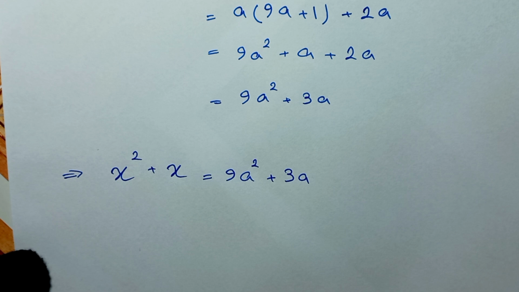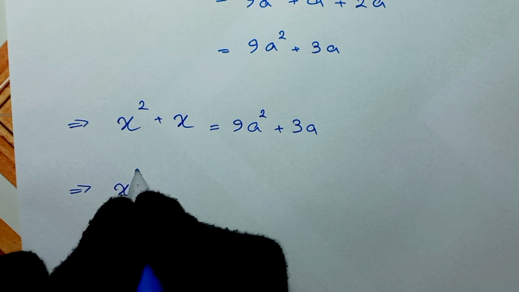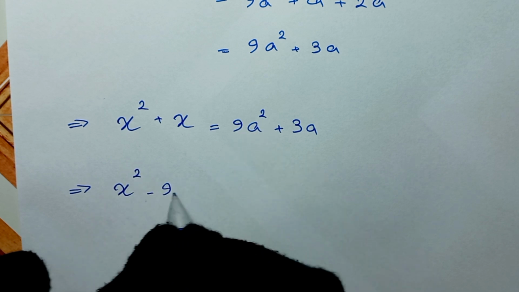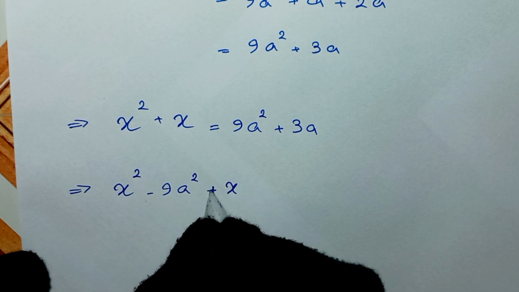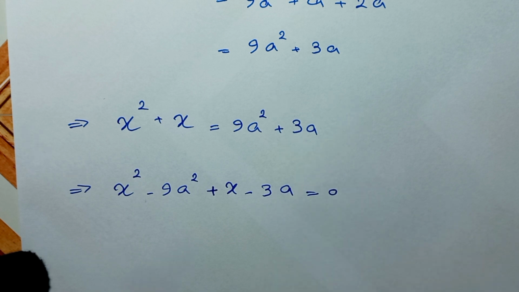In the next step, we take these two parts to this side, and it will be x squared minus 9a squared, plus x minus 3a is equal to 0.